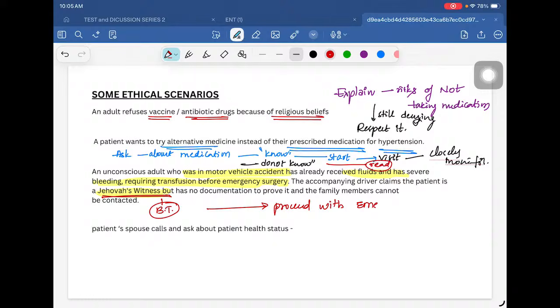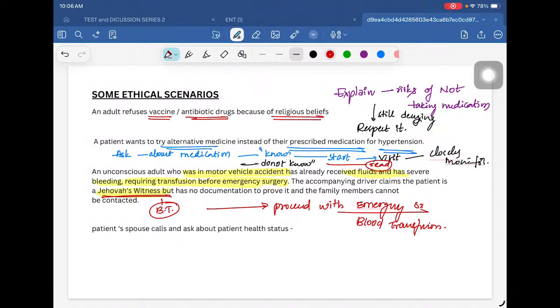Even if it is an emergency, if you have proof stating the patient doesn't want blood transfusion because they are Jehovah's Witness, then you cannot proceed with blood transfusion.